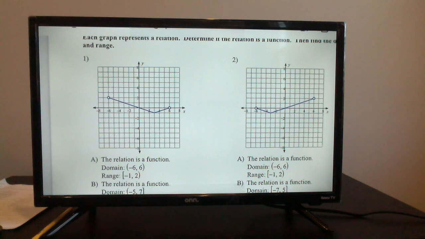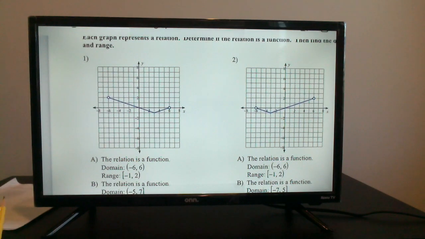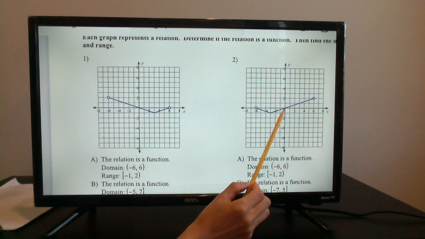Okay. And we'll go to number 2. Also I asked x-intercept, y-intercept, and the interval when it's increasing. So if you look at number 2, the x-intercept and y-intercept are the same, right?